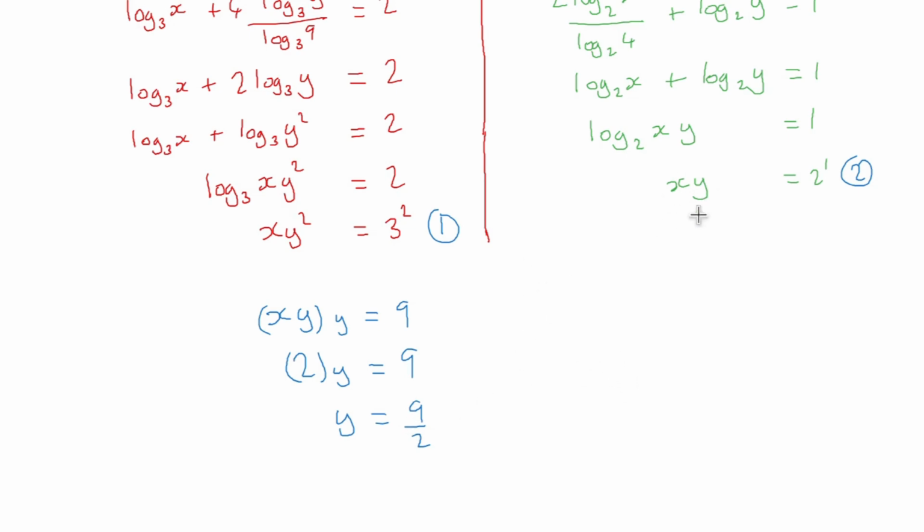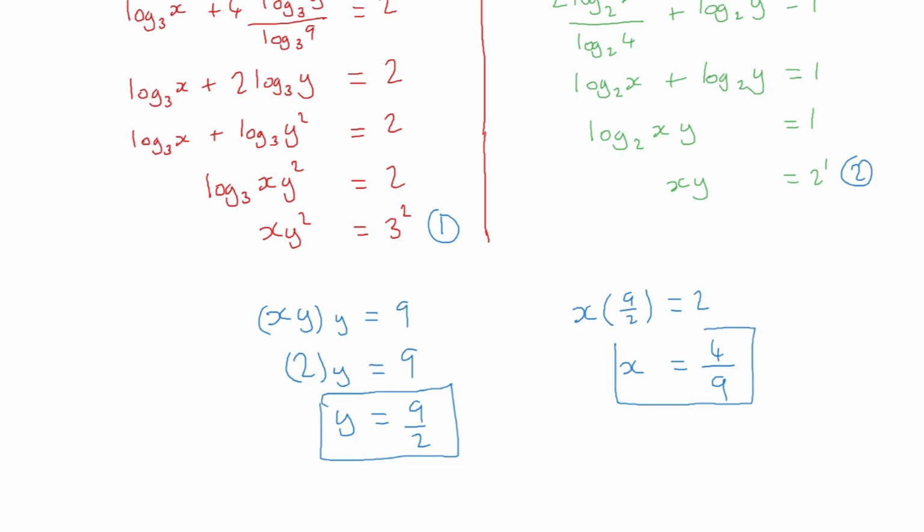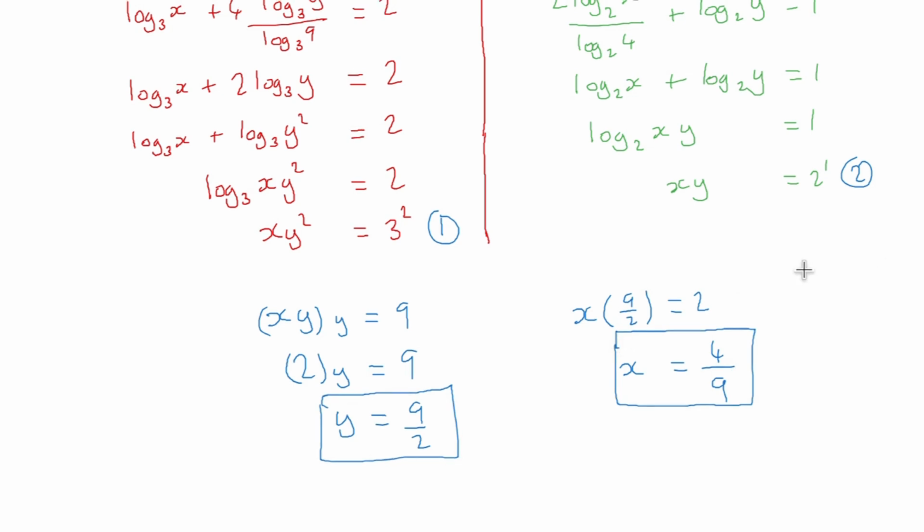And now I know that, substituting into xy, x times 9 over 2 is equal to 2, which means that x is going to be equal to 4 over 9. So I have y is equal to 9 over 2 and x is equal to 4 over 9 as the solutions to this pair of simultaneous equations that involve logarithms.